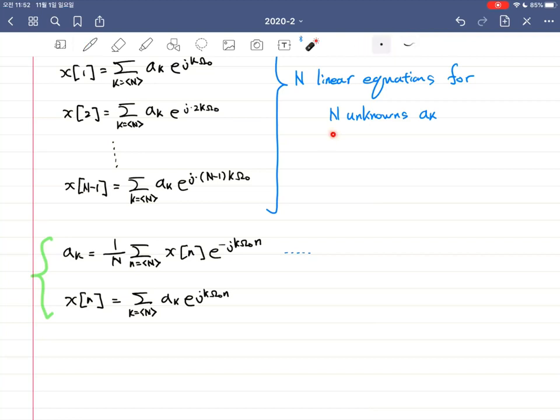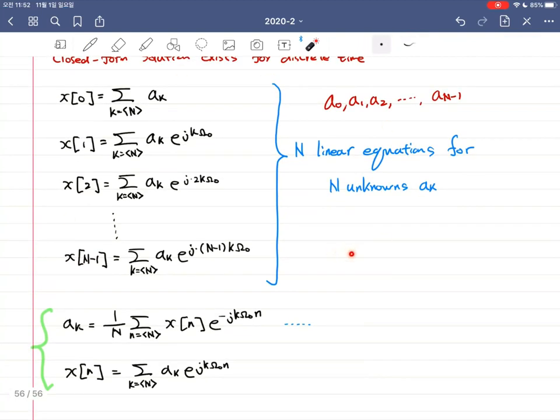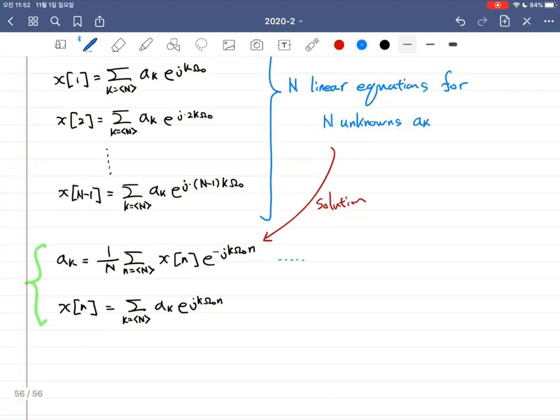I skipped the part to solve this equation, but you can solve it because you have n equations for n unknowns, and then you will get this equation. That solution is the analysis equation for the discrete time case.